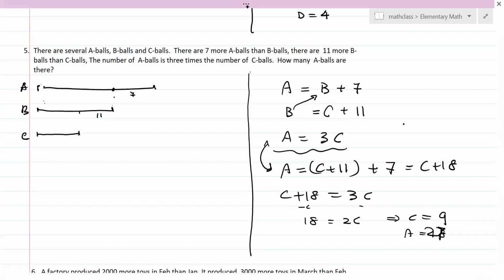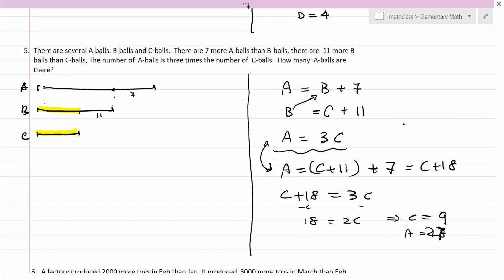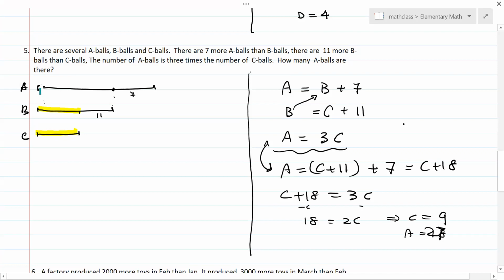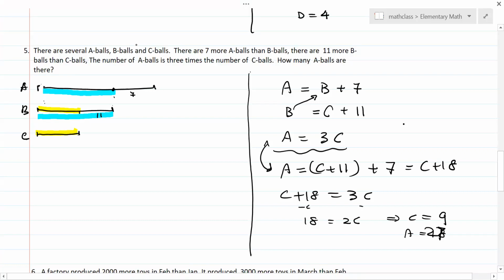So you compare those two lines. That means if you compare A and C, this part will be 18 in total.